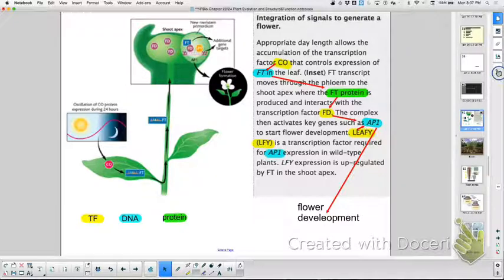This FT protein interacts with a transcription factor, like an inducer on that transcription factor. So it can affect AP1, that's a gene that starts flower development, but it also needs the transcription factor LEAFY. And as a result of that, you get your flower. So it's a combination of transcription factors affecting genes, which then affects flowering.